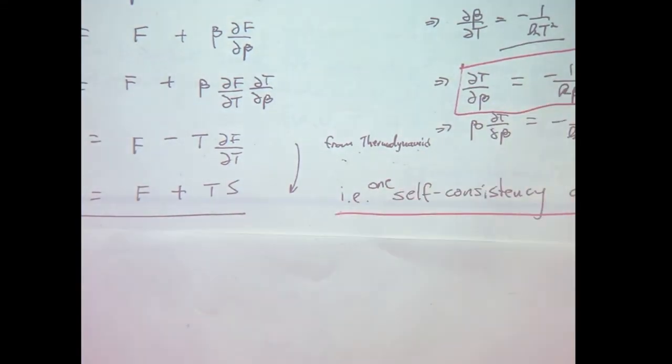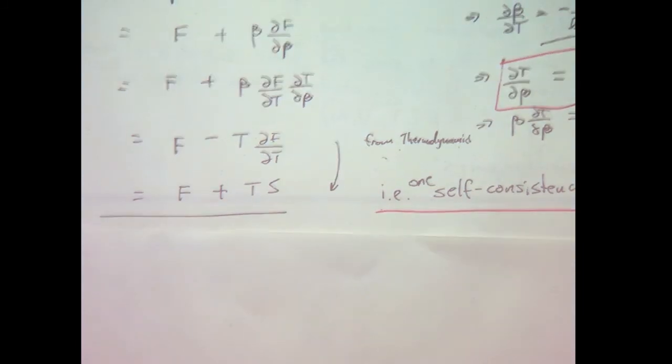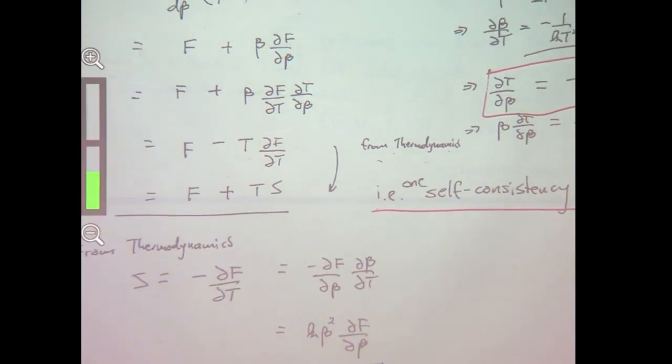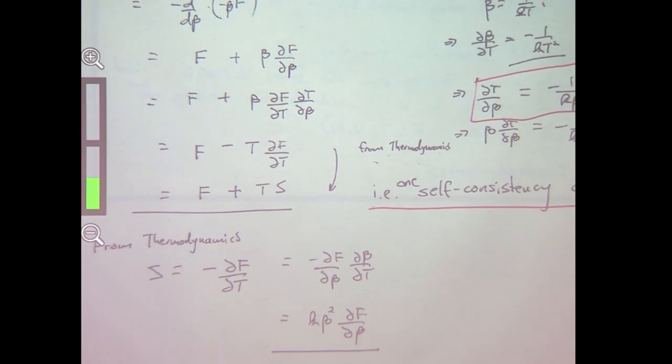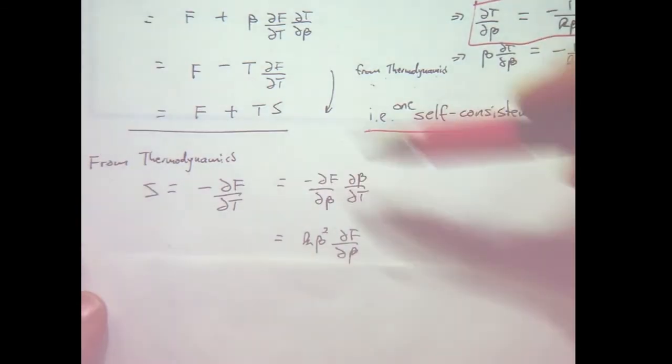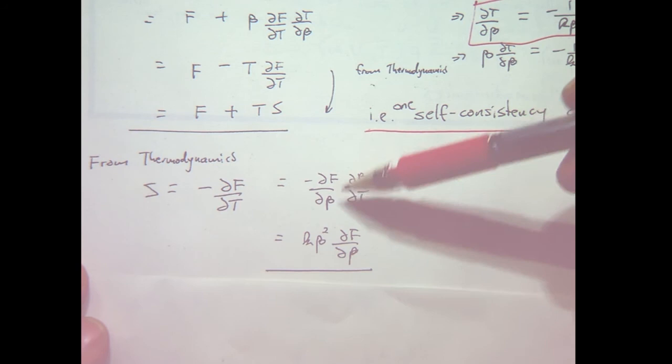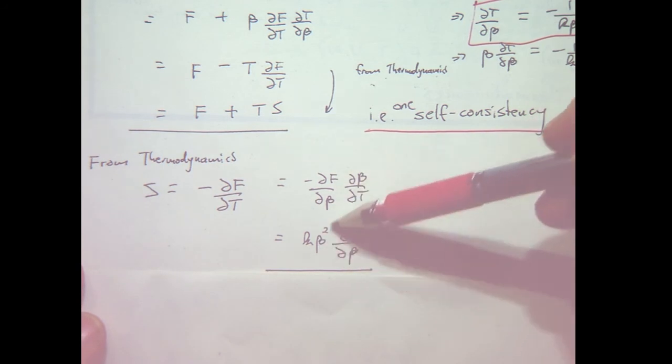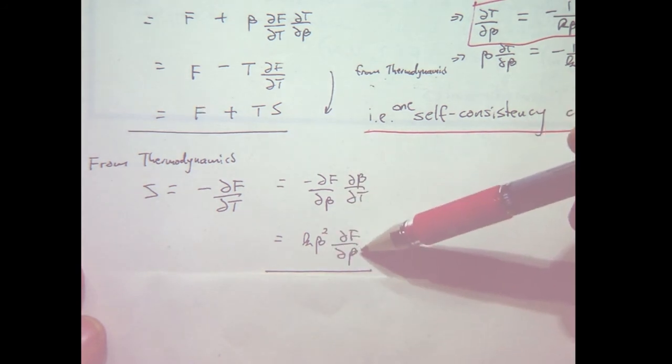So what we've done is we've got a self-consistency check, but also we know that the entropy is minus dF by dT, which is k beta squared dF by d beta, from up there.